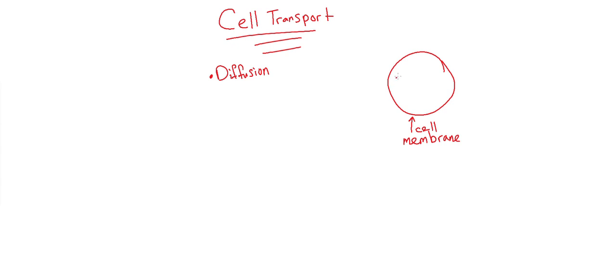So if I have a high concentration of, let's say, water, and I have a relatively low concentration of salt. These black dots are going to be represented as salt. And I have the opposite out here.